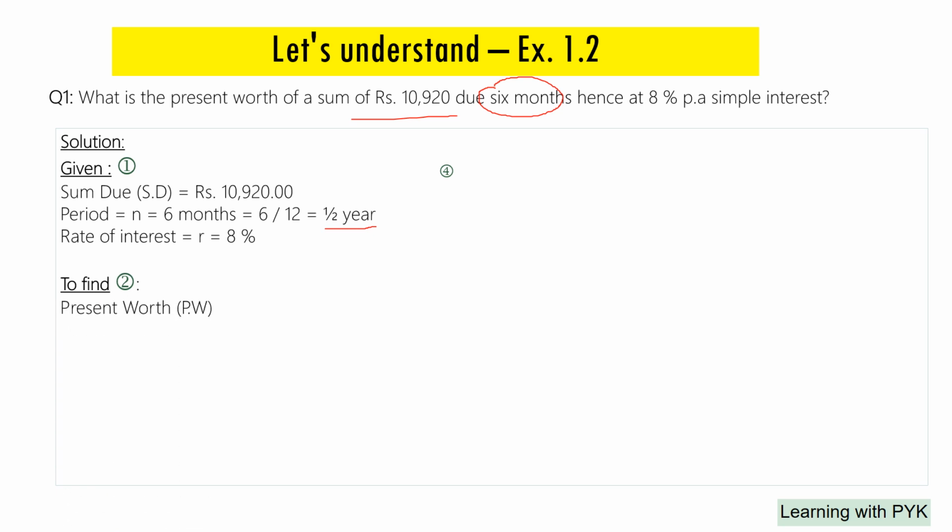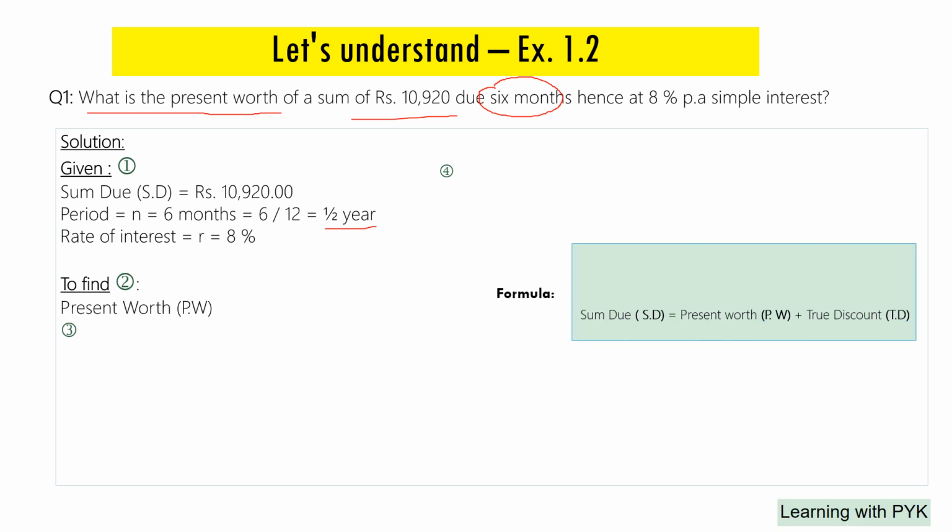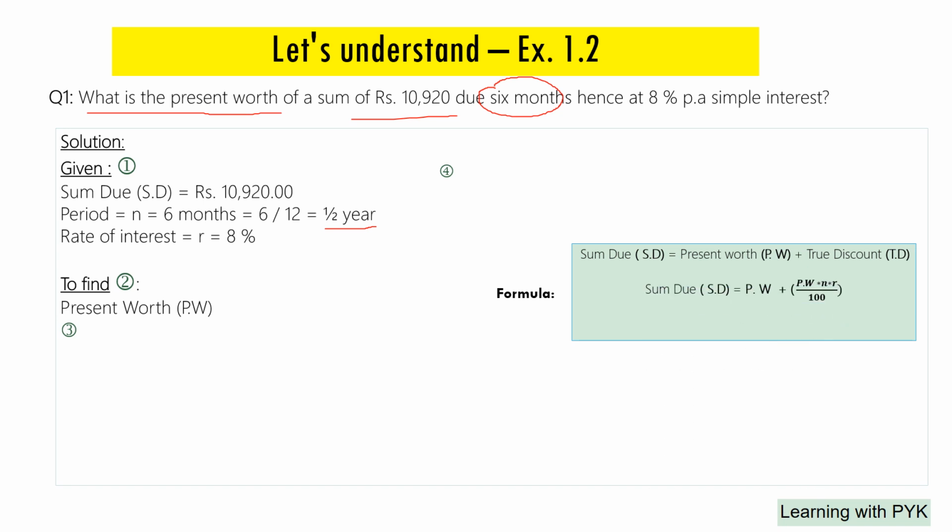Rate of interest is 8%. We have to find the present worth. So let's revise the formula. We know sum due is present worth plus the true discount. Putting the value of true discount, which is calculated as simple interest on the present worth, sum due is present worth into bracket 1 plus n r upon 100. This is the formula which we need to remember.